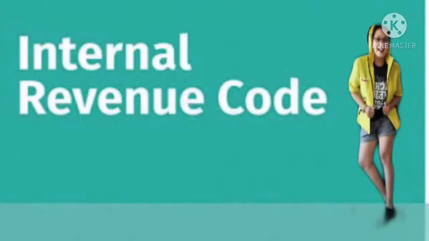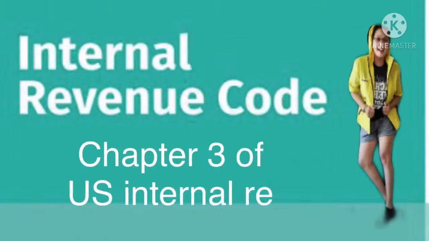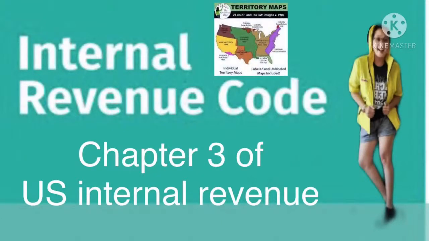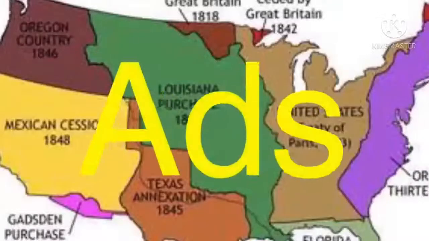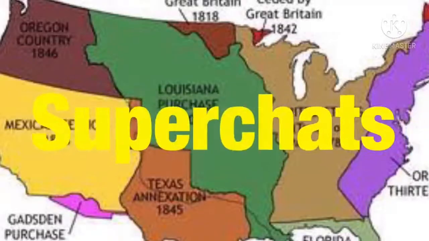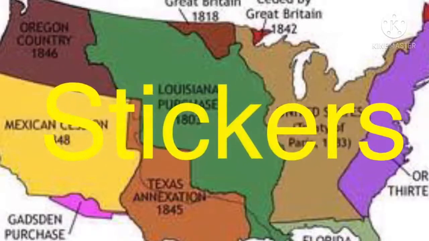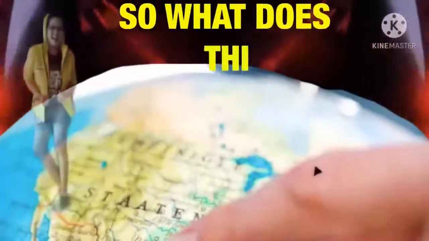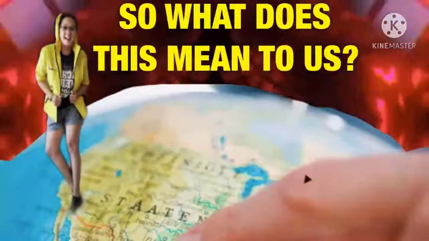Google has a responsibility under Chapter 3 of the U.S. Internal Revenue Code to collect tax information from all monetizing creators outside of the U.S. Meaning, tayong mga creators na hindi taga-US ay magbabayad na ng tax doon sa kita natin from US ads, views, super chats, memberships, stickers, and premiums na galing lahat sa US. So what does this mean to us?